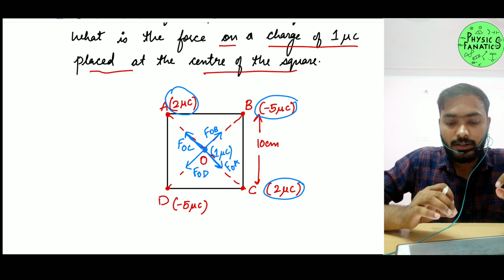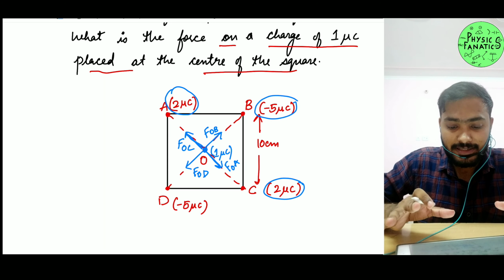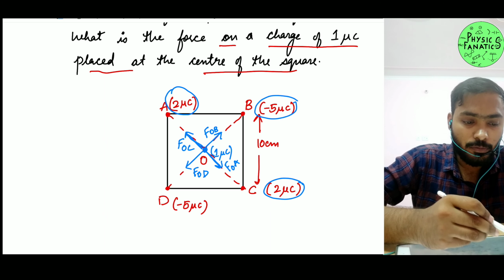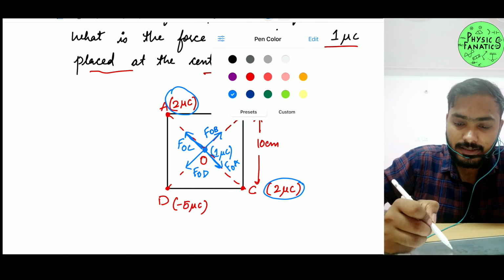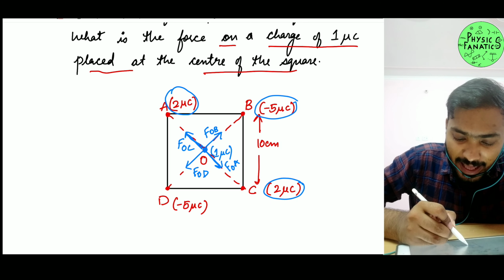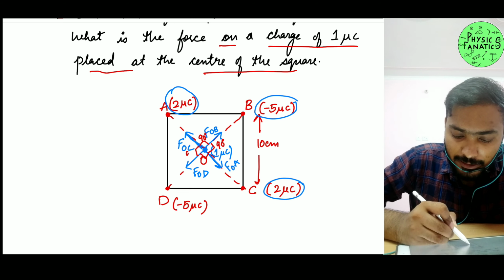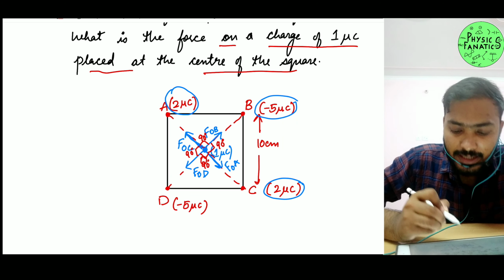So I have done all the vectorial arrangements. One thing is for sure: the angle between these vectors is actually 90 degrees.